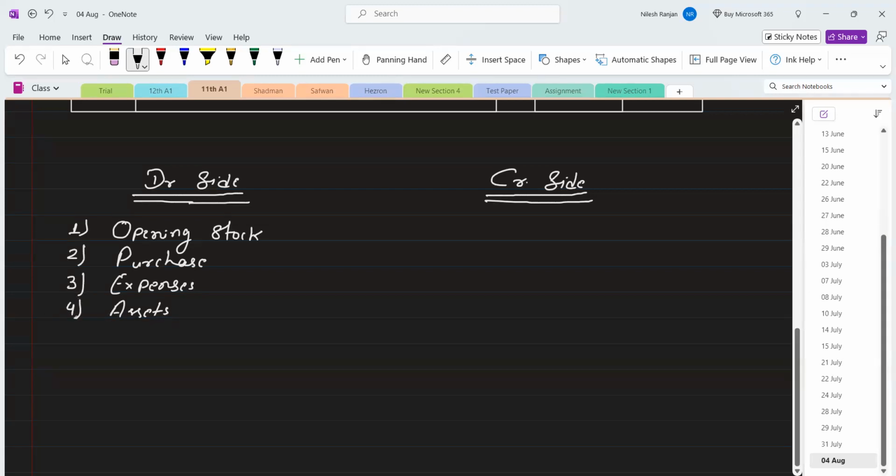Now, expenses can have different names like salary, wages, rent, discount allowed, interest paid. These will be on the debit side because expenses are written on the debit side. Same with assets. There can be different types of assets like furniture, machinery, land, building. So these things will be on the debit side.